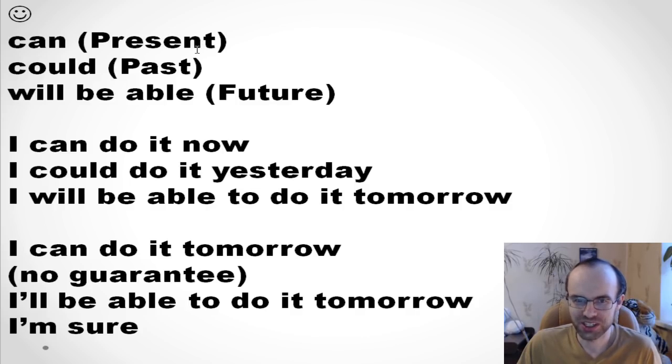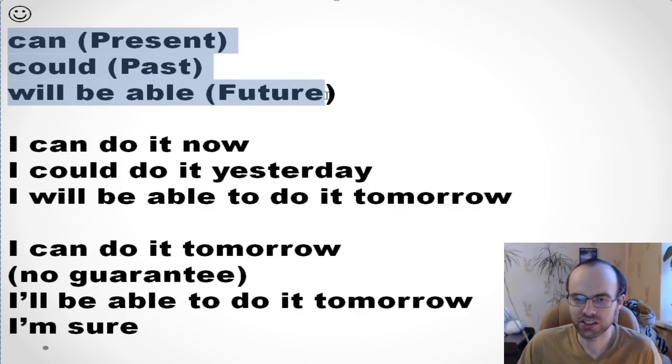Students often ask me, can we use it for future? I'll answer this question in 2 minutes, but let's have a look at these things first. Can for present, could for past, and for future we use will be able. Will be able, remember it.